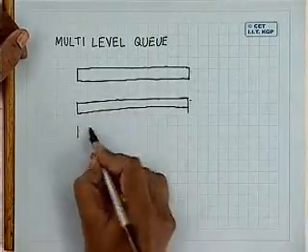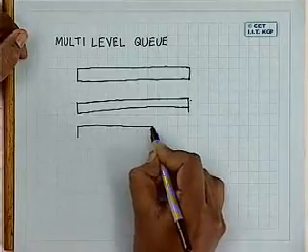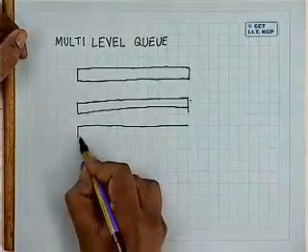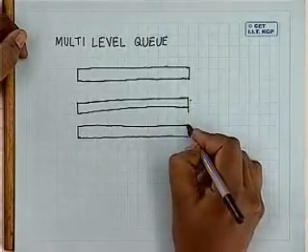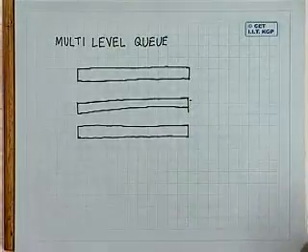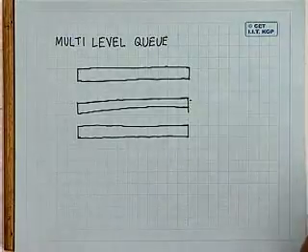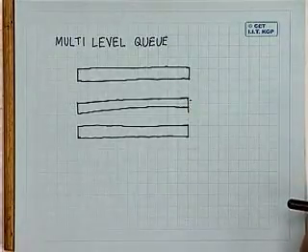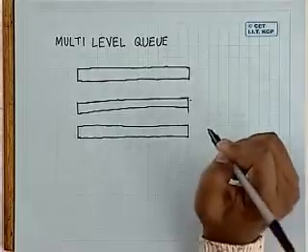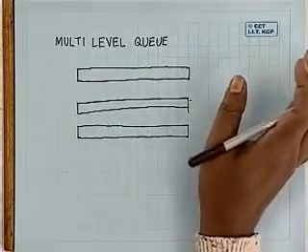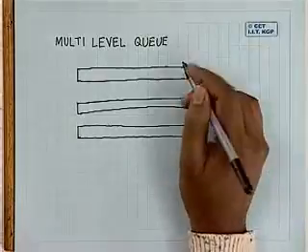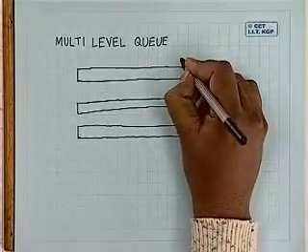And here I can have another ready queue. So suppose I categorize the jobs in 3 different categories. The first ready queue will contain the jobs, let us say, whose CPU burst duration is less than or equal to 2 milliseconds.